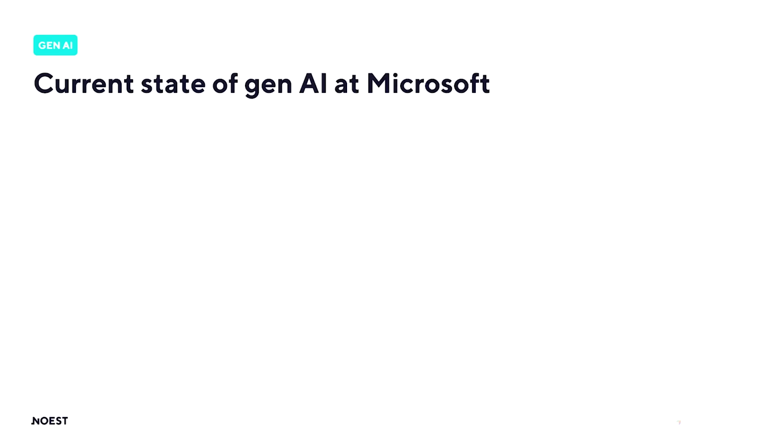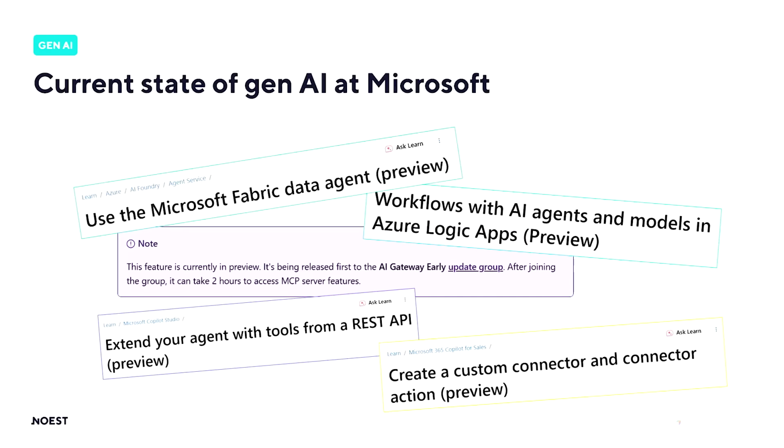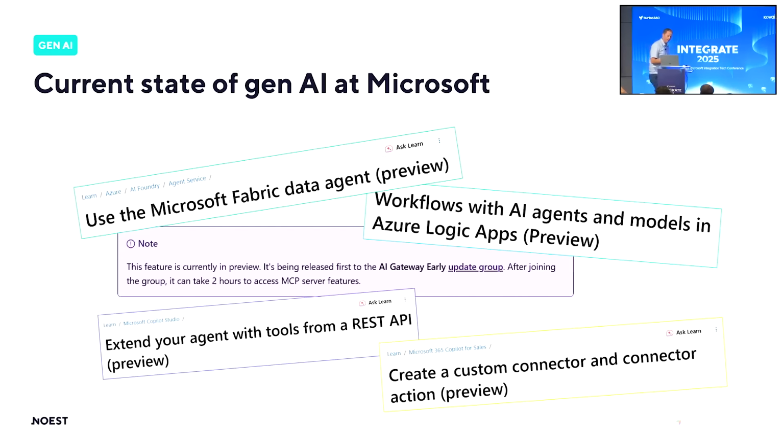If you then look at the current state of GenAI at Microsoft, be aware that we have already been doing GenAI projects for 1.5 years. A lot of stuff is not there or is in preview. Luckily, we've seen nice things being built at this moment. Kudos, first of all, to the API management team, who do a tremendous job in having the AI gateway quite rapidly integrated in Azure API Management.